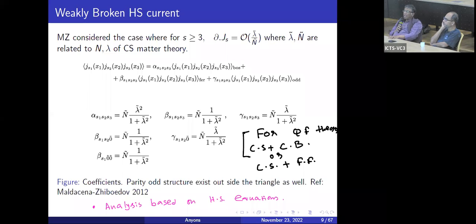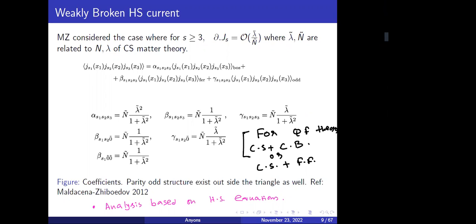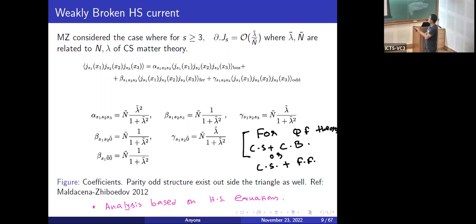But I thought it's not lambda tilde, which is the 1 over n tilde. It's order lambda tilde by n instead of order 1 by n. Here, lambda tilde goes to 0. Yes, I can understand that. Then the parity odd stuff is a free theory, and then everything is conserved.